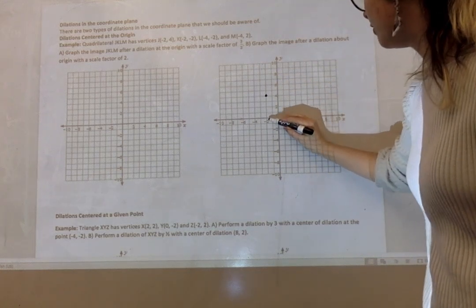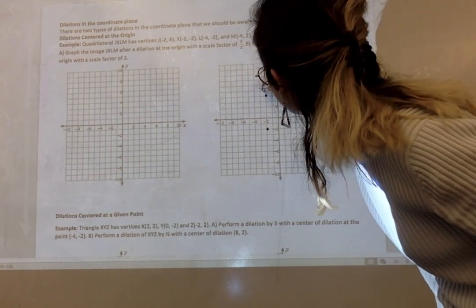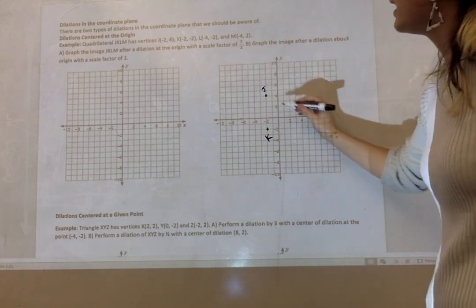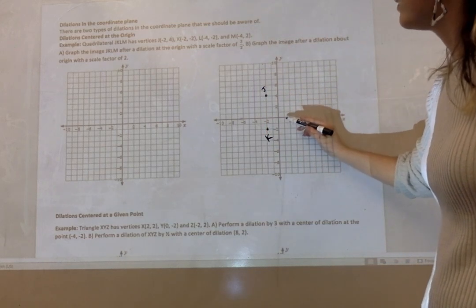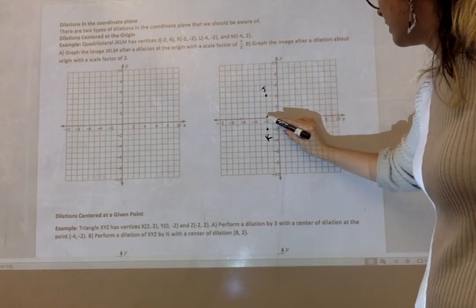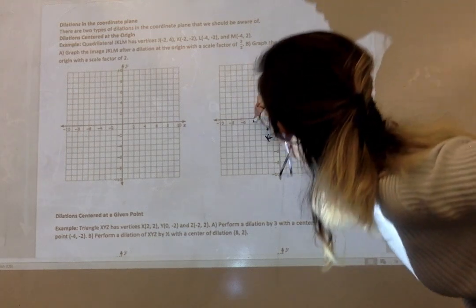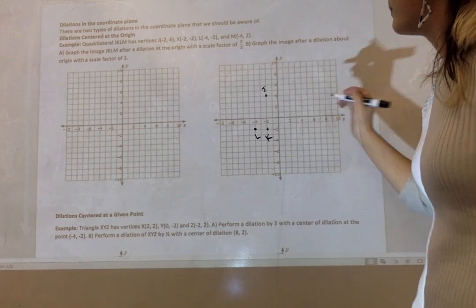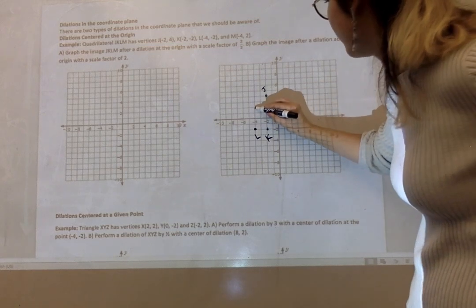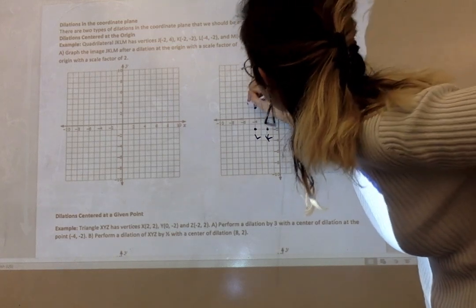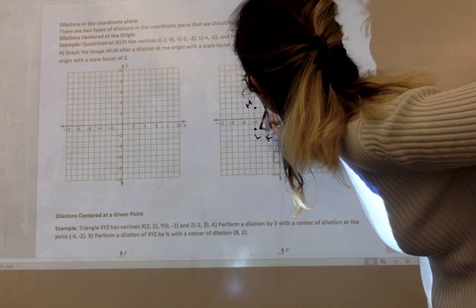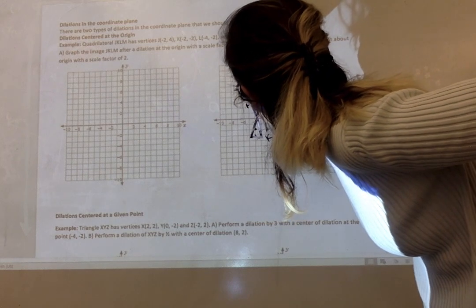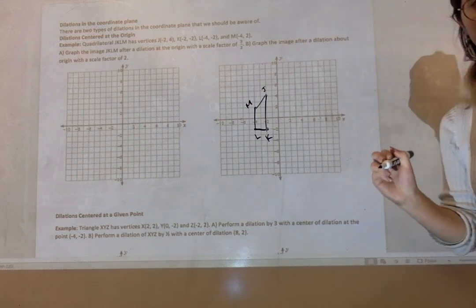K at -2, -2. And L at -4, -2. And M at -4, 2. Okay. So I have a quadrilateral here. It's got 4 sides.